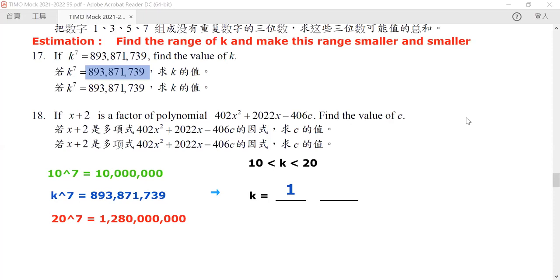How can we do that? Let us use our final ace in our sleeve, which is to consider its last digit. The digit is 9. What's the unit digit of k such that k to the power 7 will have a last digit of 9?